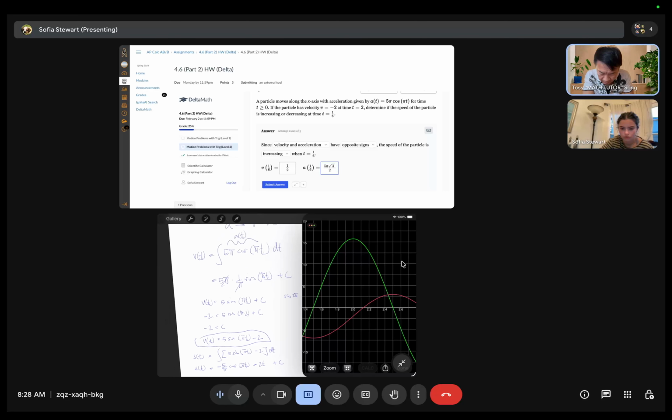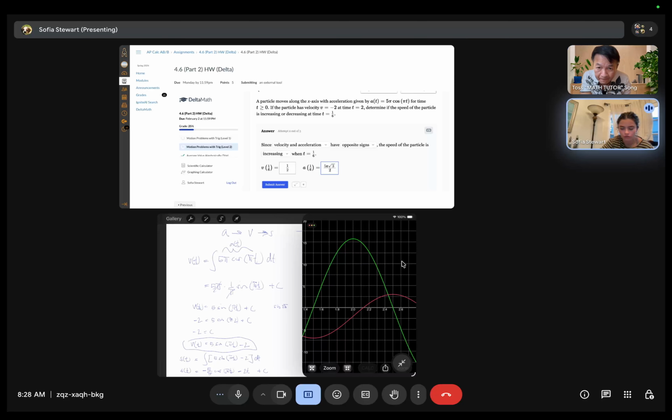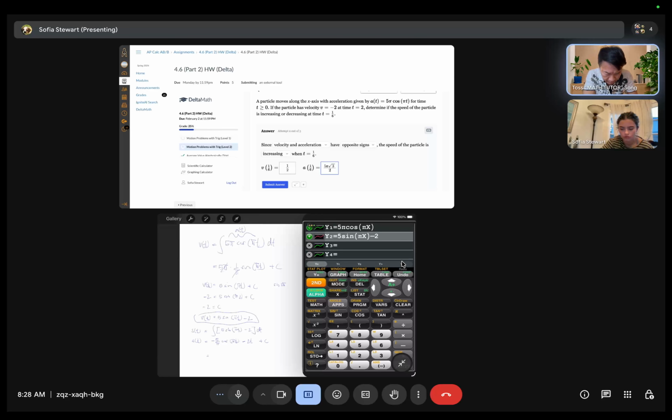I don't think I did anything wrong here. Let's see, this part here. If I plug in the velocity, being 1/2 when t is 1/6. Yeah, I cross cancel, everything is good. C is -2, it looks good.